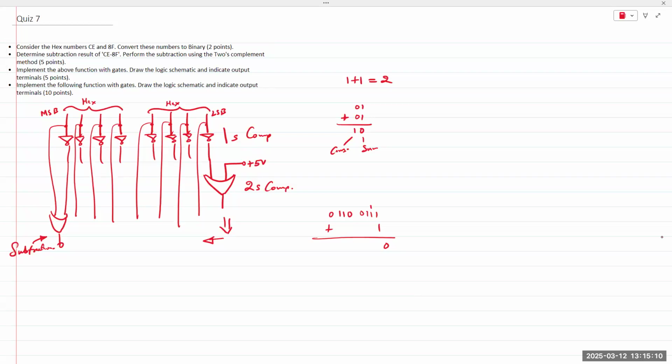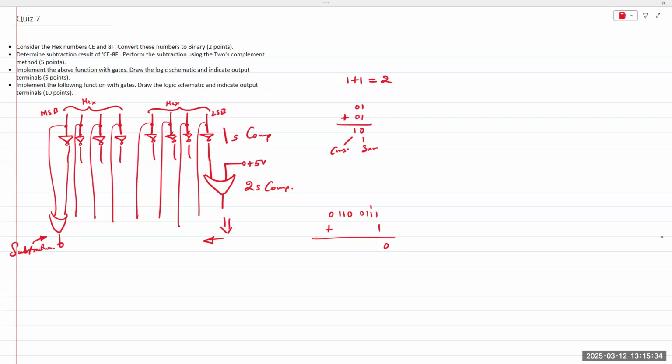Each bit can be 0 or 1, 0 or plus 5 volts, right? We can describe hex 0 through F using those 4 wires. 0, 0, 0, 0, all the way up to 1, 1, 1, 1. So far, so good. I think everybody pretty much was okay with that.